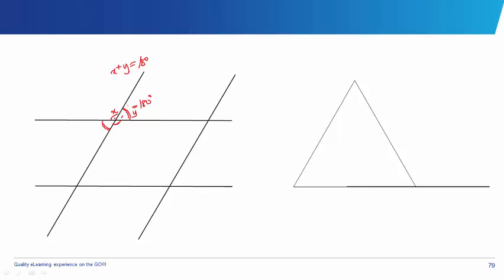Now we also have angles like this, corresponding angles, this and also this. So whatever you have here will always equal this. So if I have here as y, this side will always be equal to y. Here is the same thing as x. Now why is that? Because these two lines are parallel.